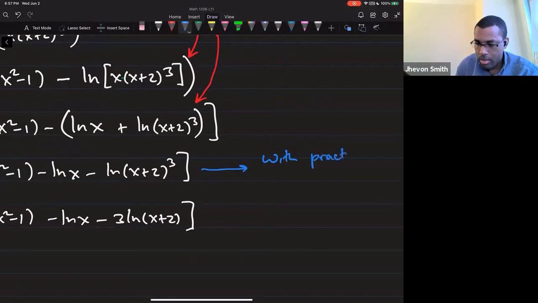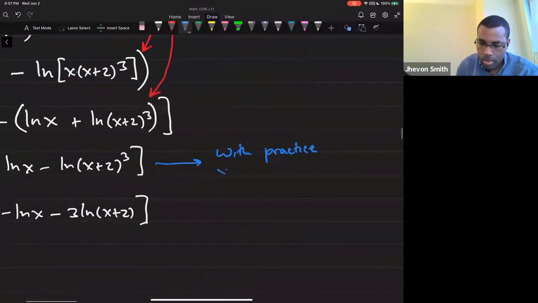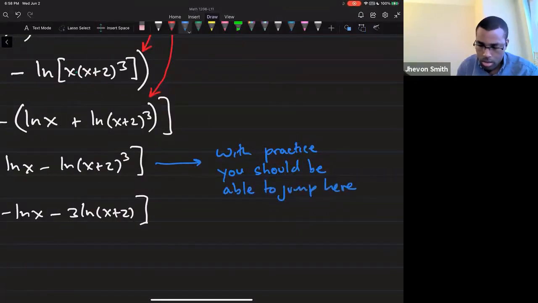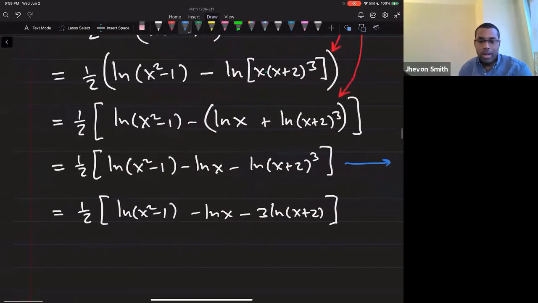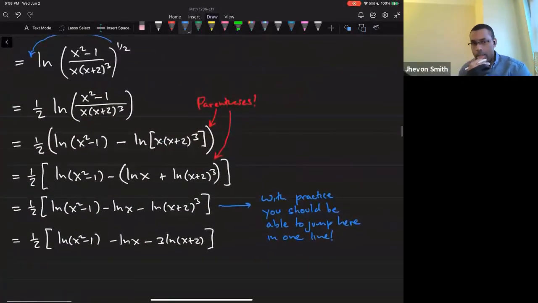With practice, you should be able to jump here in one line. Generally I want you to write stuff out so that I could give you partial credit. But to be honest, if you skipped the first 3 steps that I did and just jumped here, I would be okay with it. If you work enough with logs, you'll realize that you should be able to expand it in your mind very quickly.